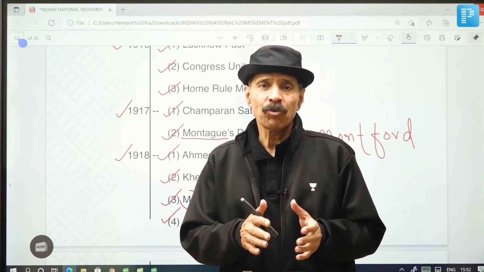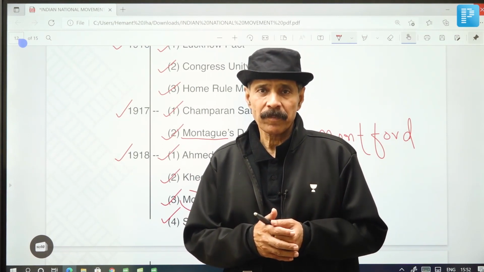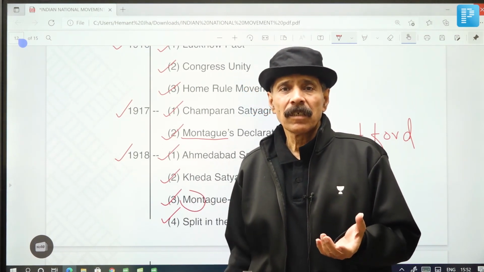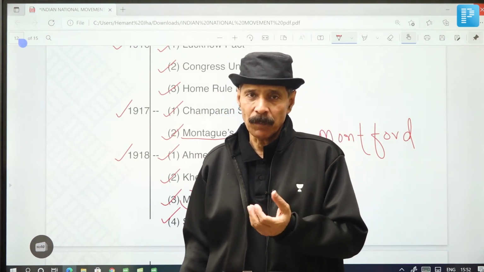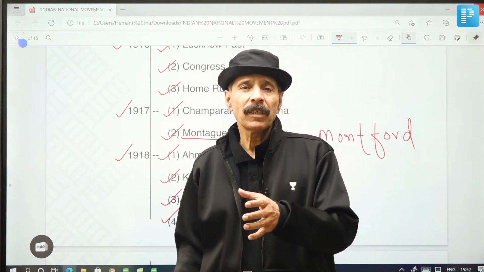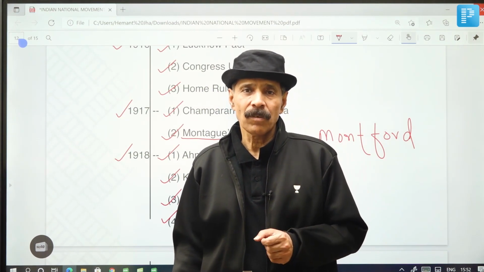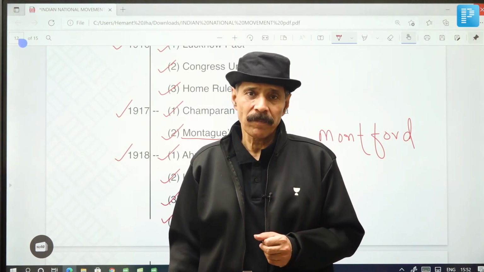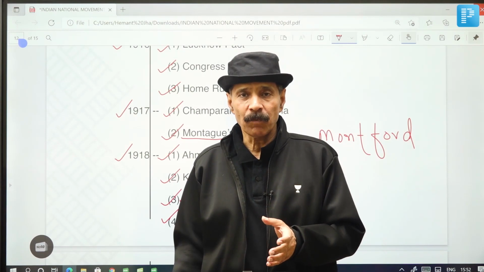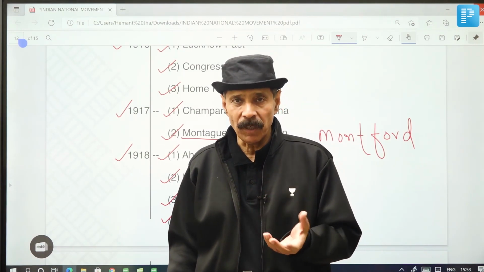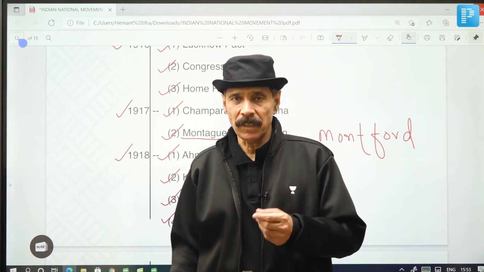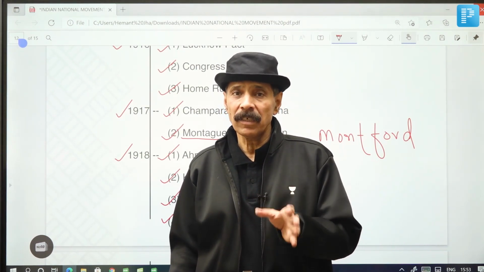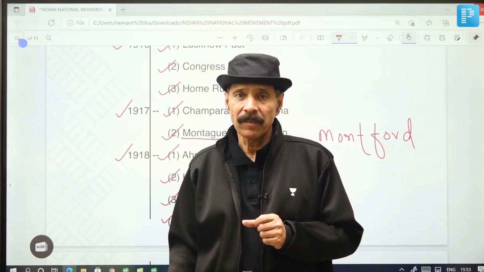These moderates came to be known as liberals. Their 2 main leaders were Surendranath Banerjee and Tej Bahadur Sapru. They founded a separate organization, All India Liberal Federation, whose founder president was Surendranath Banerjee. Later, Tej Bahadur Sapru also became president, but not in the year 1918-19.